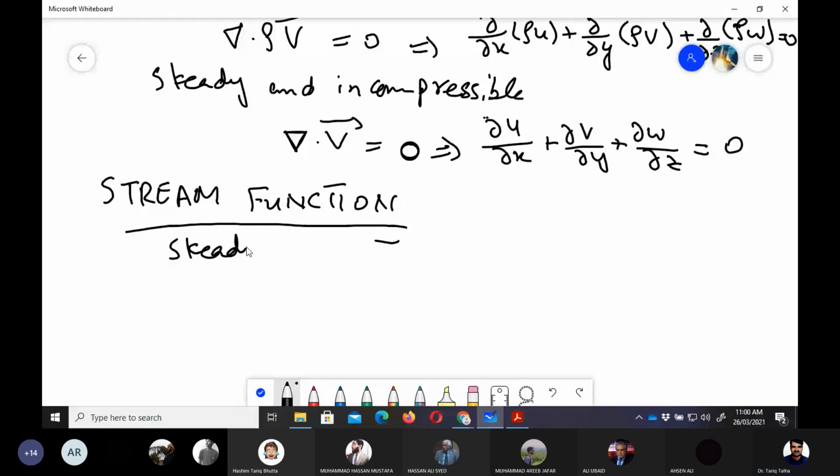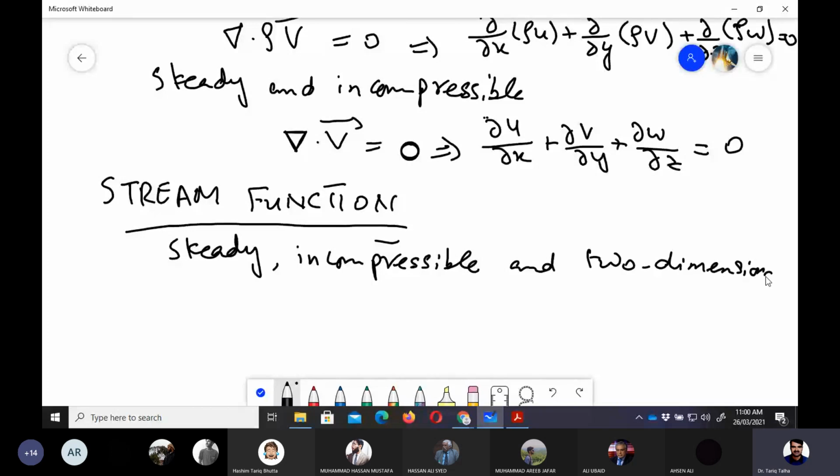So for cases when the flow field is steady, incompressible and two-dimensional, the continuity equation can be written as follows.